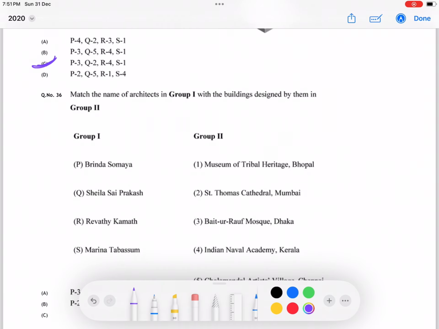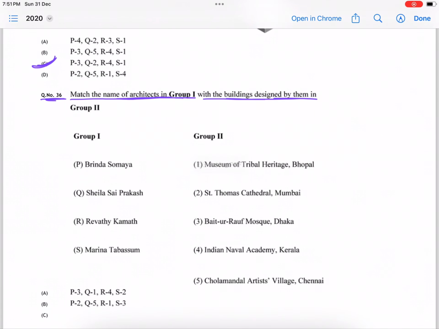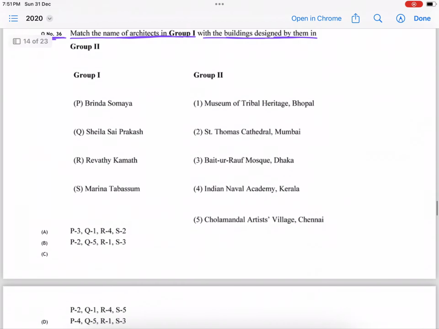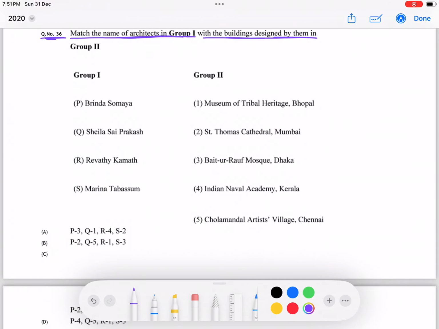Moving on to question number 36. Match the name of architects in group 1 with the building designed by them. So if we see, Bindra has designed St. Thomas Cathedral in Mumbai. Sheila Sri Prakash has designed Artist Village in Chennai.